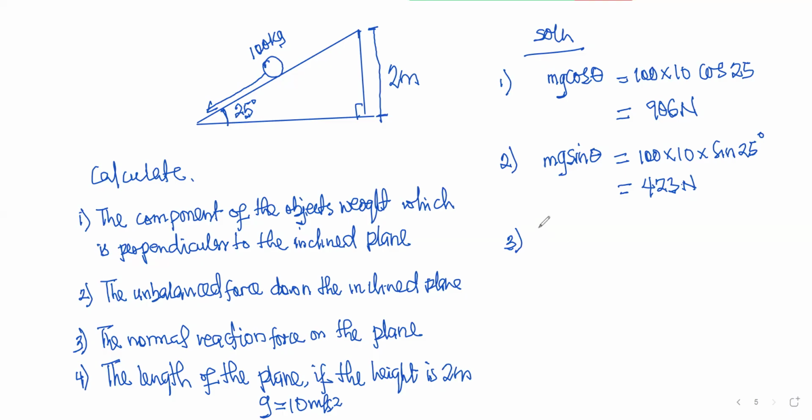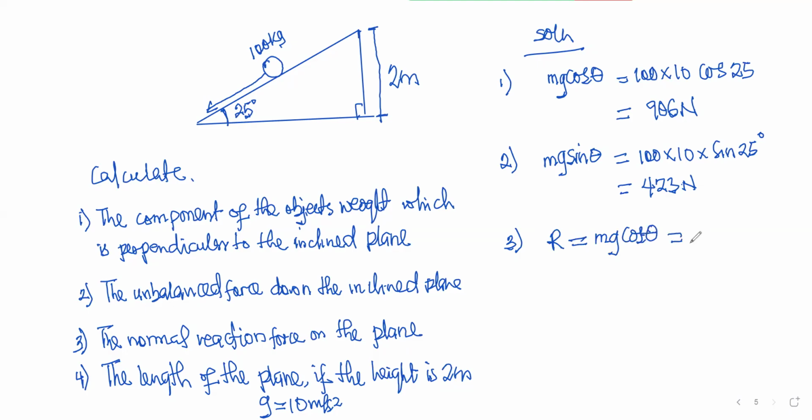The normal reaction. On an inclined plane, normal reaction is always equal to the component of the weight which is perpendicular to the plane. So R must be equal to mg cos theta.